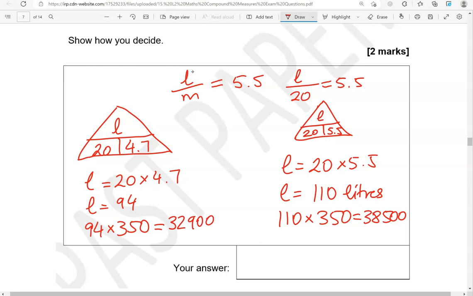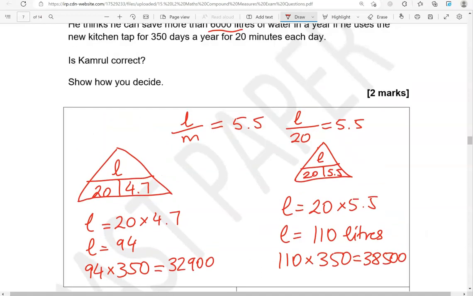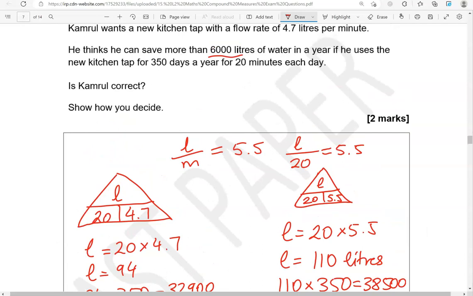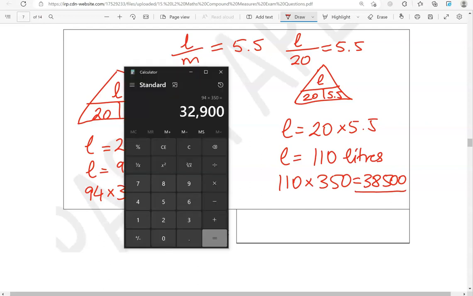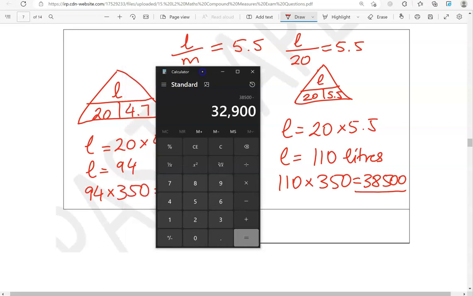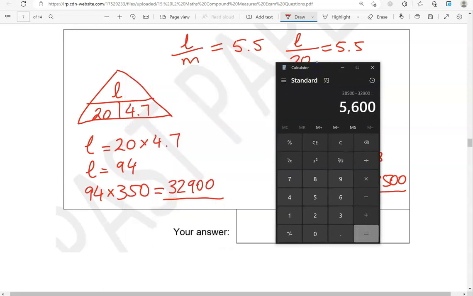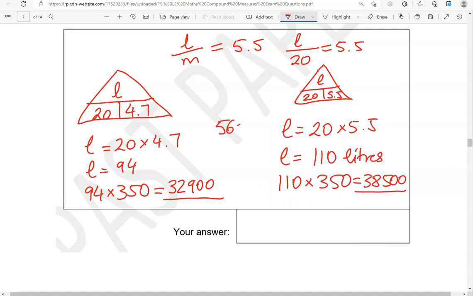Okay, so he thinks the difference will be more than 6,000 liters of water. So let's do 38,500, take away 32,900, and that is 5,600.